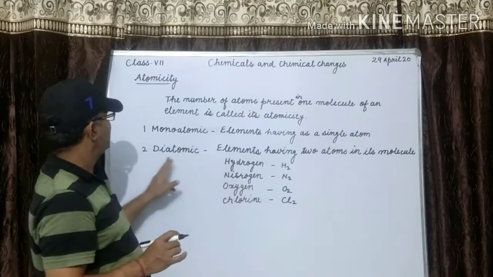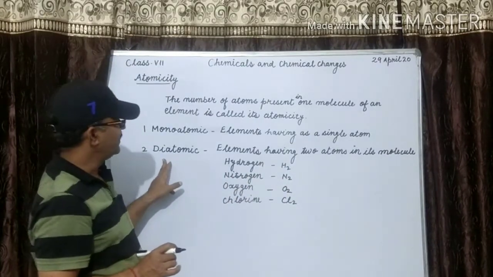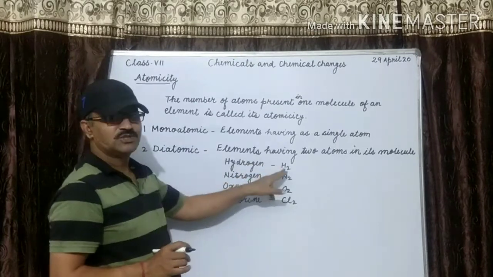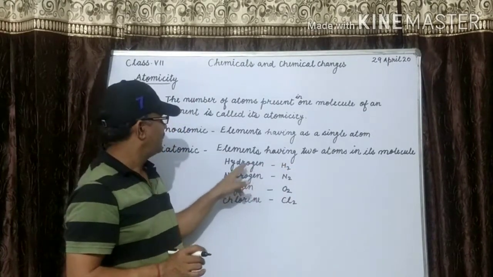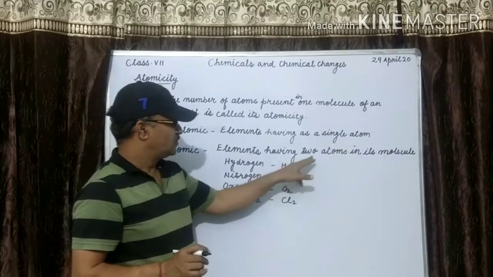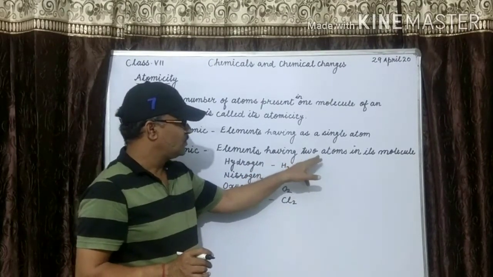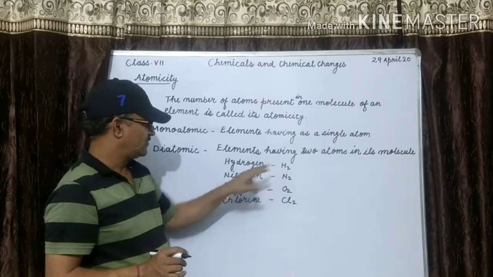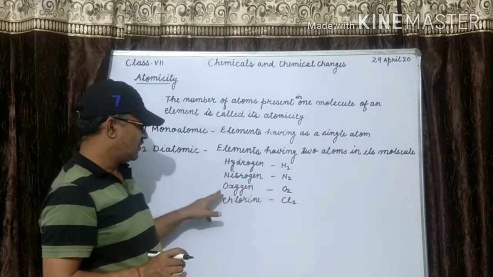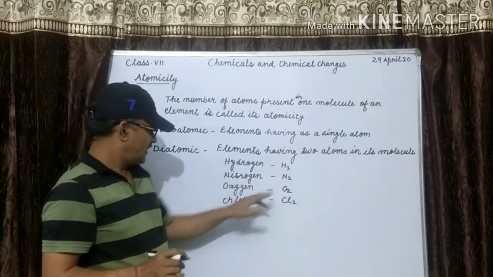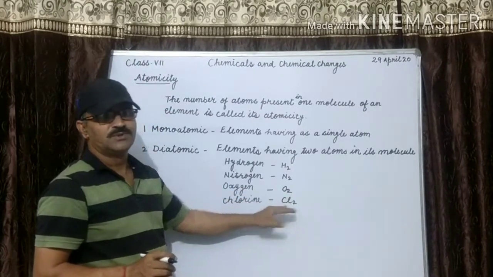It is known as diatomic. Clear? Hydrogen H2 has two atoms in its molecule. In one molecule of hydrogen, there are two atoms of hydrogen. Nitrogen also has atomicity two, and oxygen also two, and chlorine also two.